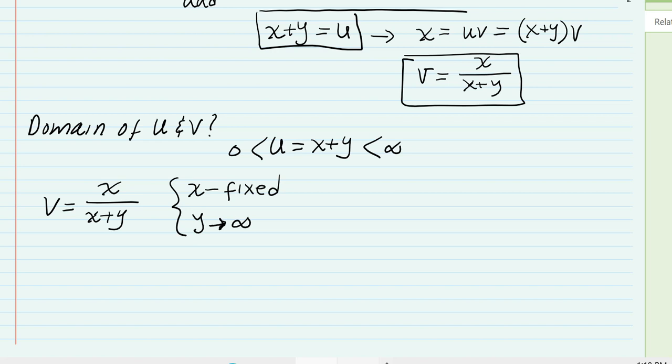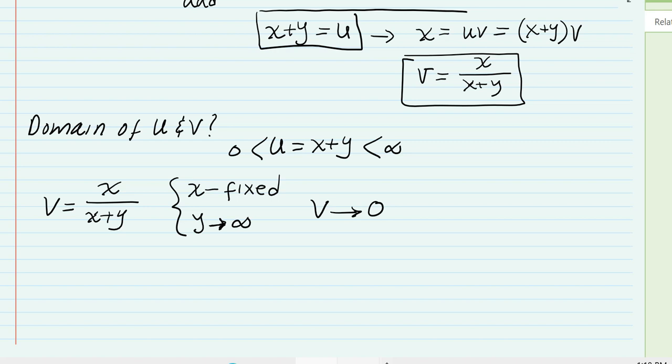Remember, x and y each lie between 0 and infinity, so that's what I'm trying out. If x is fixed and we let y go to infinity, we have a constant in the numerator, and clearly the ratio approaches 0. It's going to be a constant over something very large.